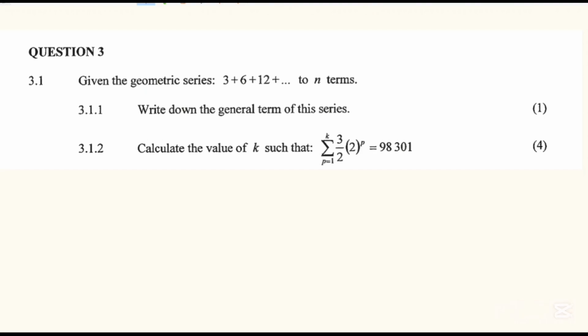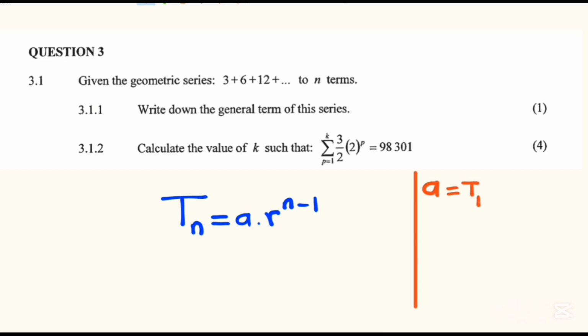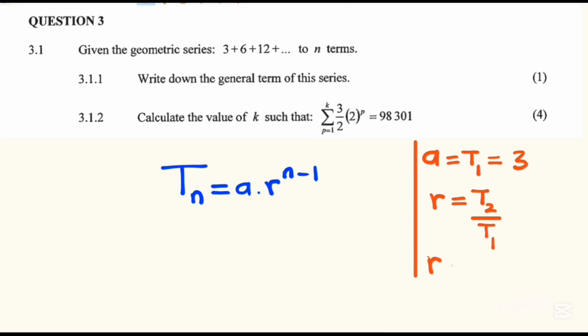For a geometric pattern, we have Tn is equals to a multiplied by r raised to the power n minus 1, where the a is equals to term number 1, and term number 1 is equals to 3. It was given as 3, and r will be equals to term number 2 divided by term number 1, and term number 2 was given as equals to 6, and term number 1 is equals to 3.